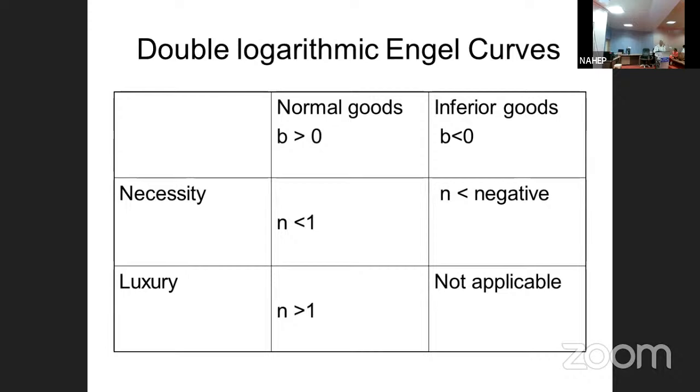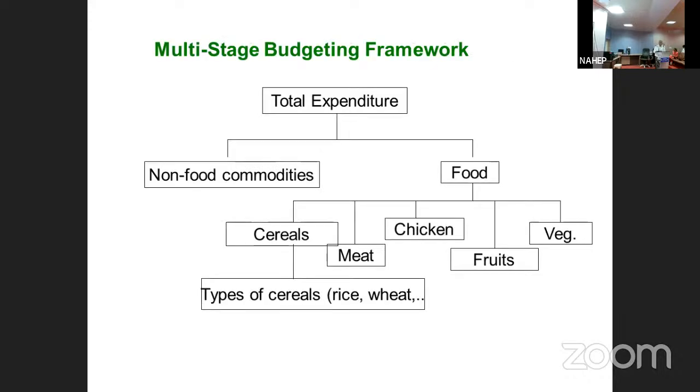Now, this is the model on which we are working, and we'll be working on this model for the next 2 weeks. It is a multi-stage budgeting framework. Why is it multi-stage? You have income. You get your salaries.